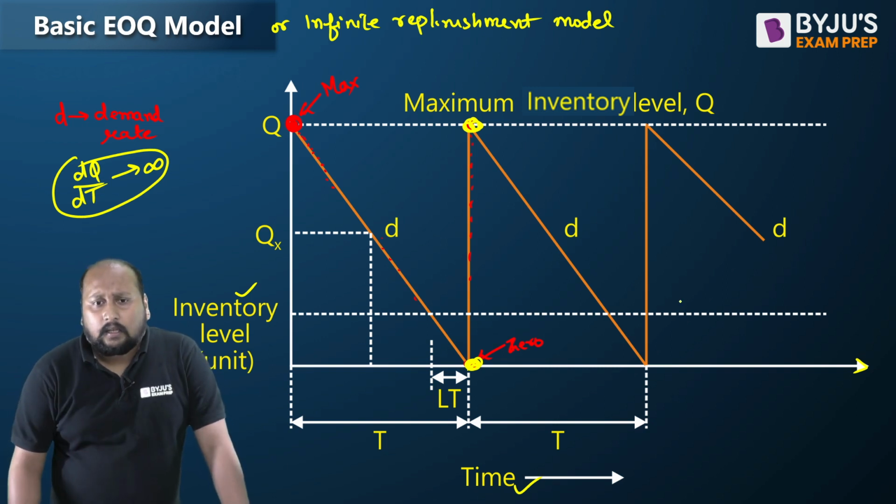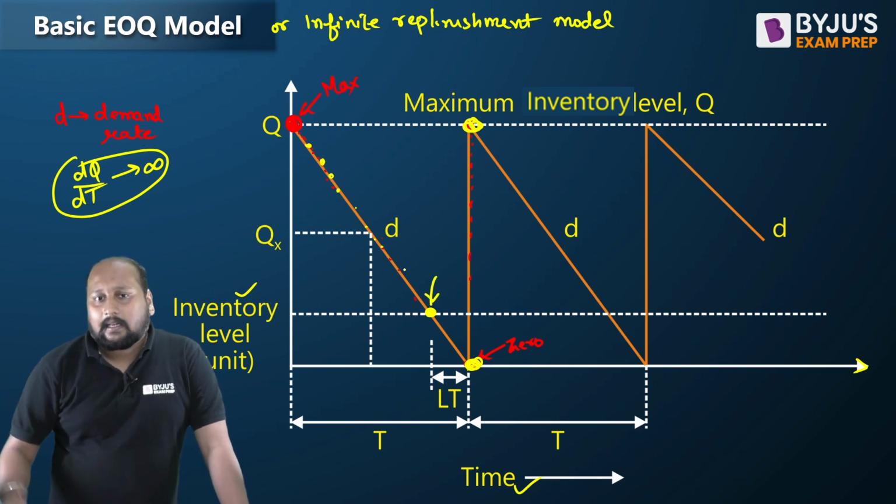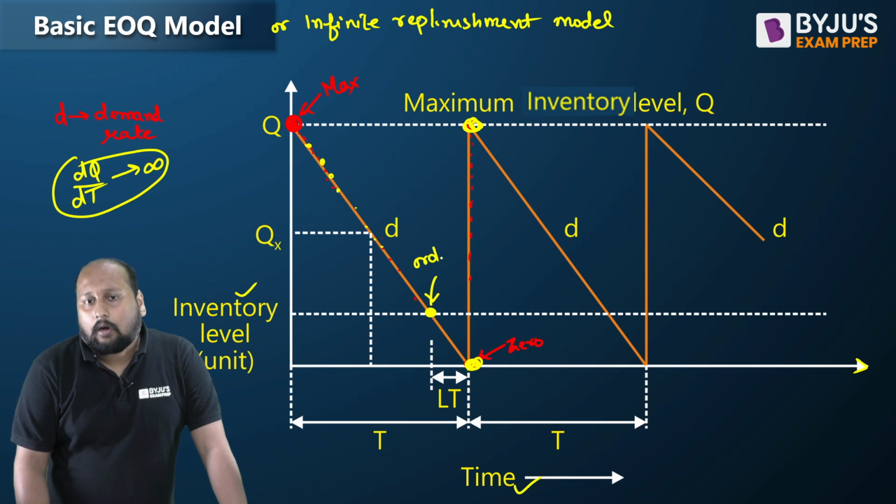Okay, so now I told you we'll be discussing lead time in this. Every day the consumption is happening, the inventory is being consumed, right? At this point, I am placing the order for the next cycle. Order is being placed, right?